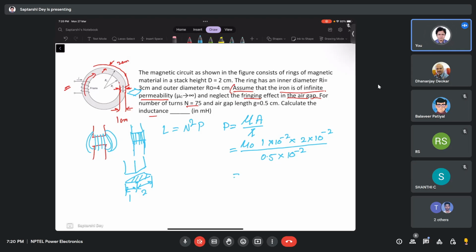So can you please find out the permeance? Mu naught is 4 pi 10 to the power minus 7. Please confirm you are getting something like this. Are you getting something like this?